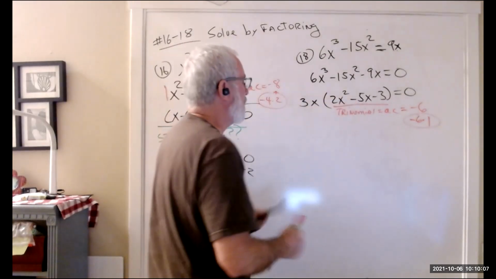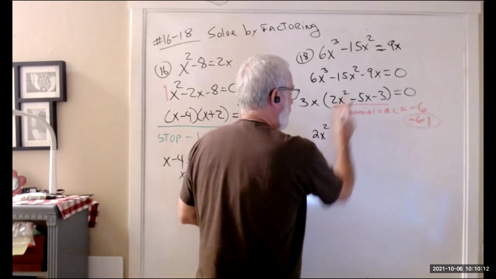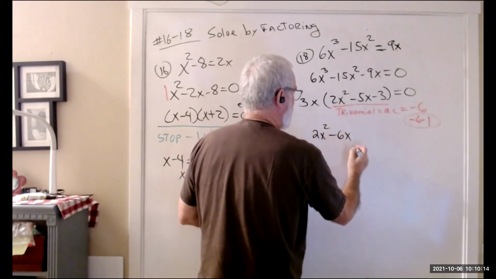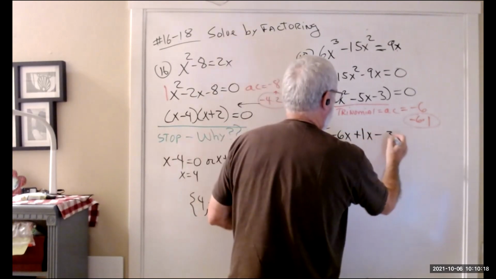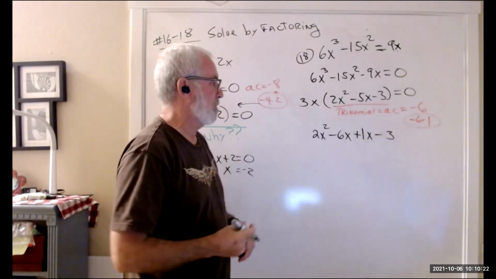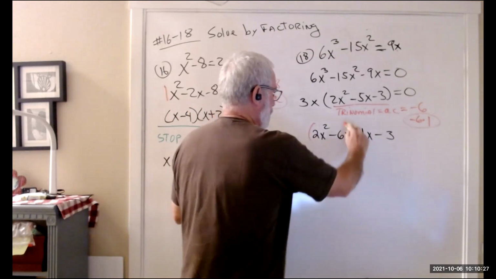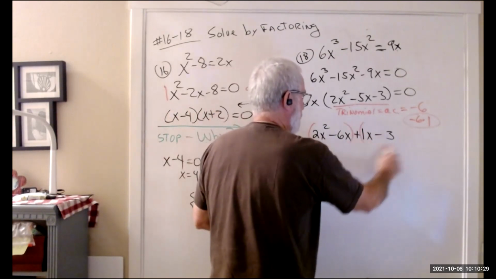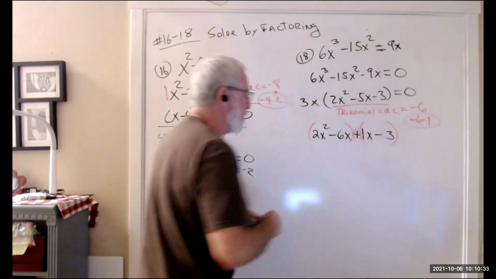So then we say, okay, this is 2x squared minus 6x plus 1x minus 3. We threw parentheses around the first group, parentheses around the last group, leaving the plus sign in between.